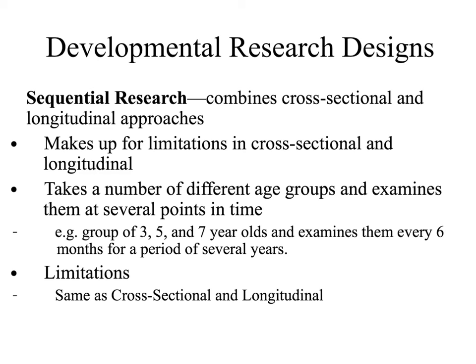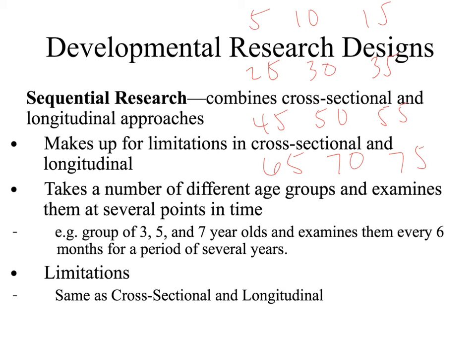For example, we could have a group of 5-year-olds and follow them for a period of 10 years, while simultaneously studying a group of 25-year-olds and follow them for 10 years, and simultaneously bring in 45-year-olds and follow them for 10 years, and we could even bring in 65-year-olds and follow them for 10 years.